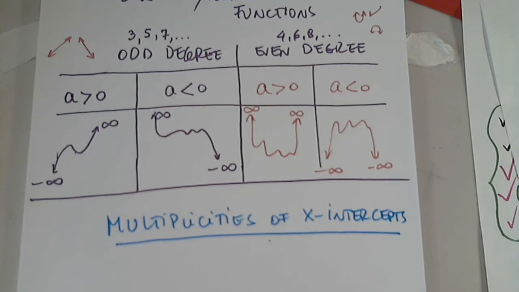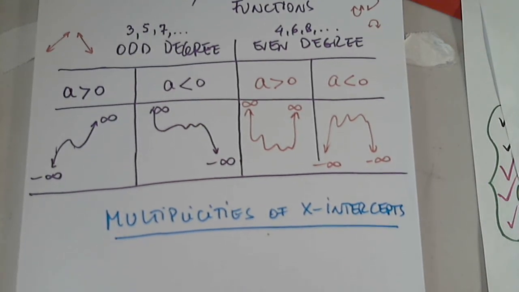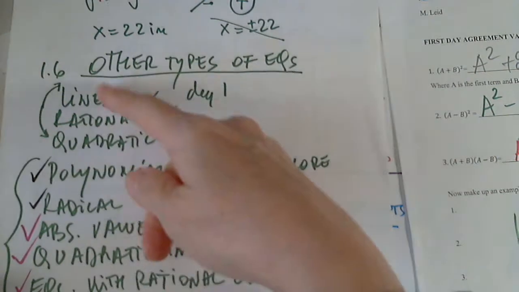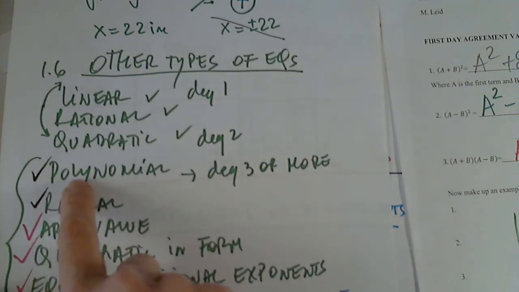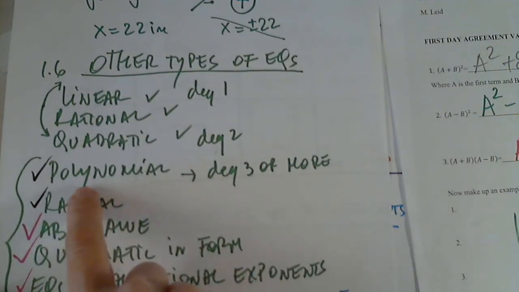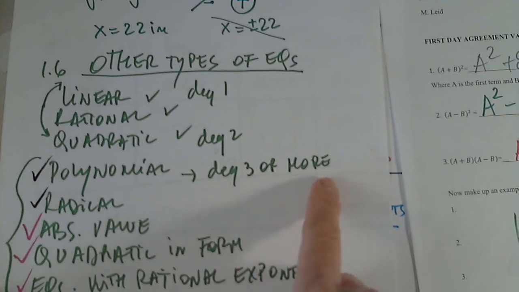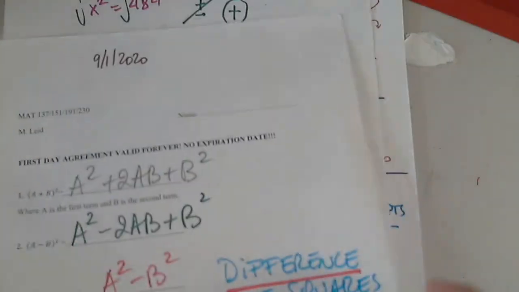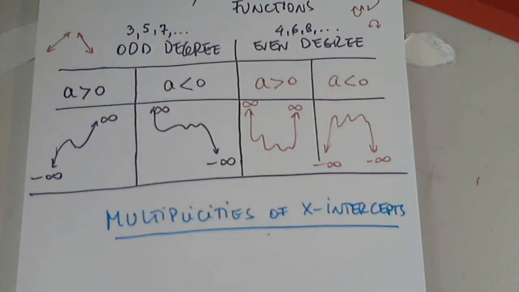What is that? Okay, so we solved, that's one of the reasons I kept this, we solved polynomial equations, degree 3 or more. This was sometime in September, I think.